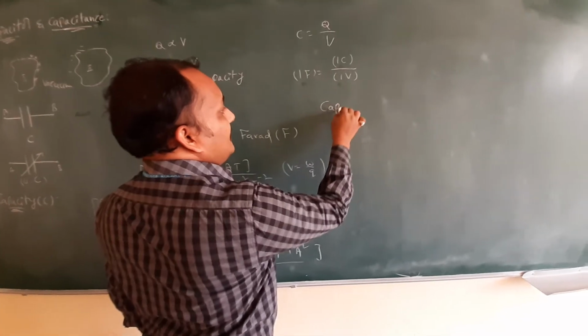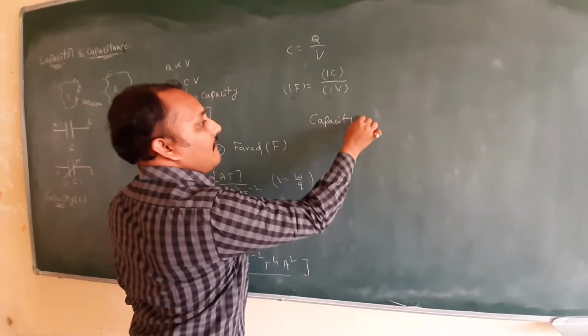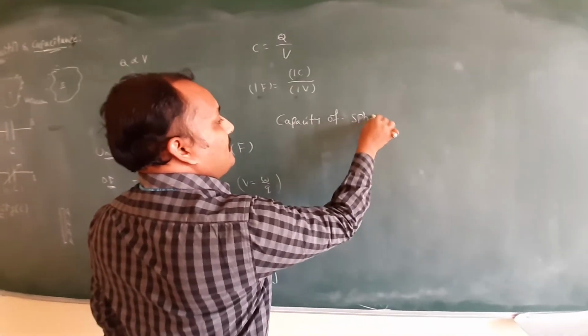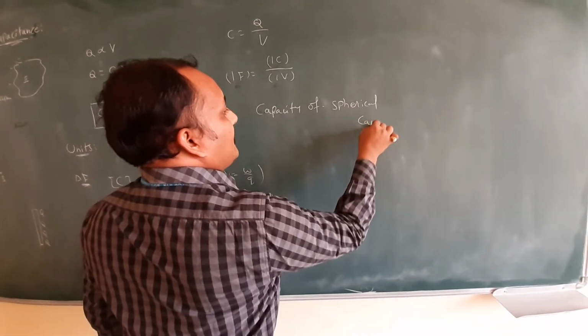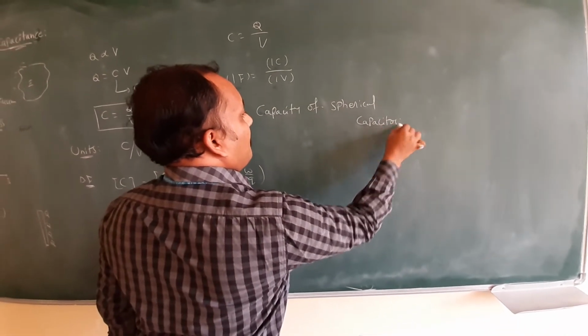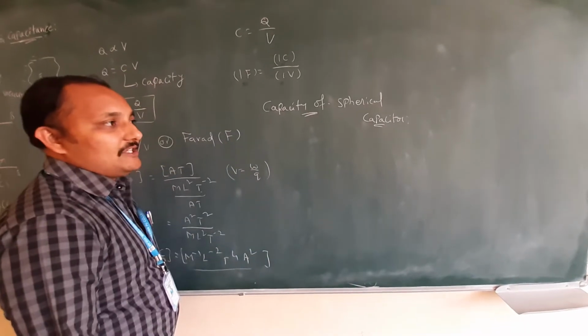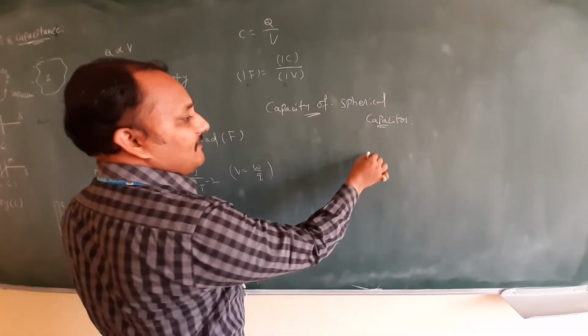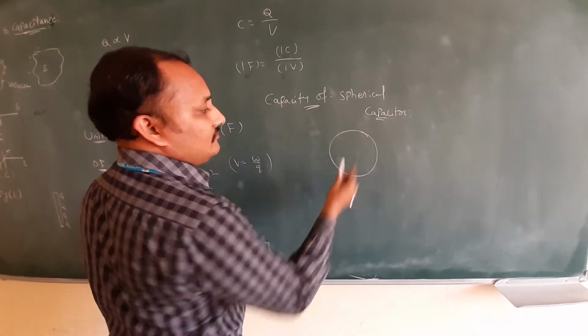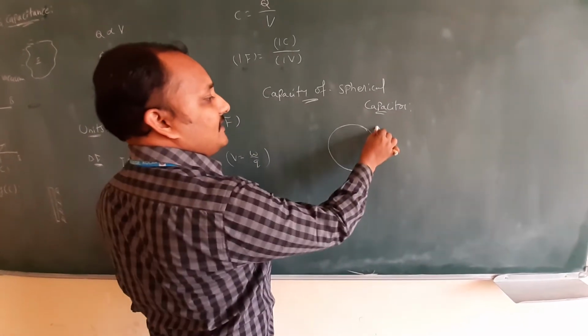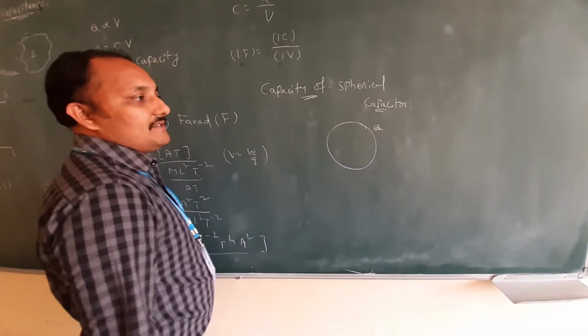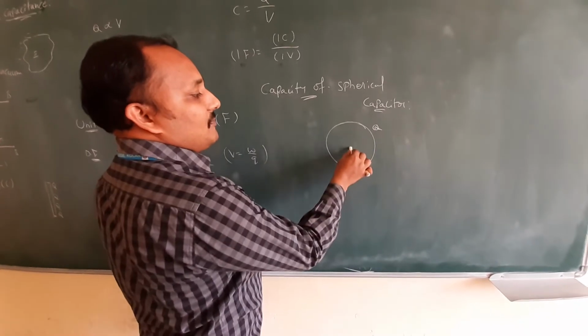Next, capacity of a spherical capacitor. Spherical capacitor means this one. This is a spherical capacitor. Let us assume we are giving some amount of charge Q. Then what is the potential at the center?